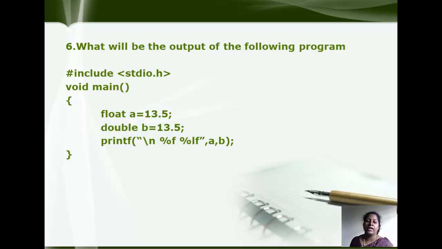Here again I have a program. Float A is equal to 13.5, double B is equal to 13.5, and now in my printf statement I use the format specifiers %f for floating point and %lf for long floating point, and using this I display the value of A and B. So what will be the output of this program?